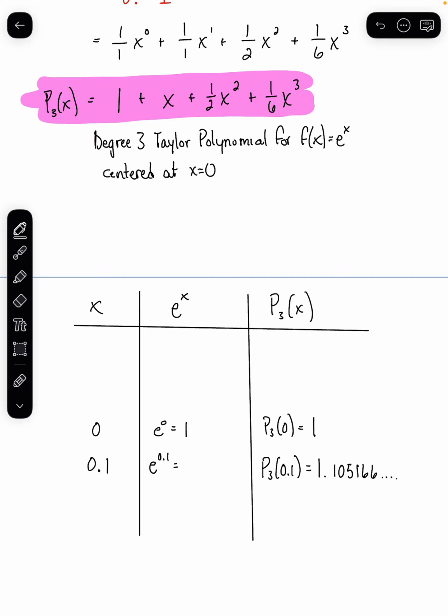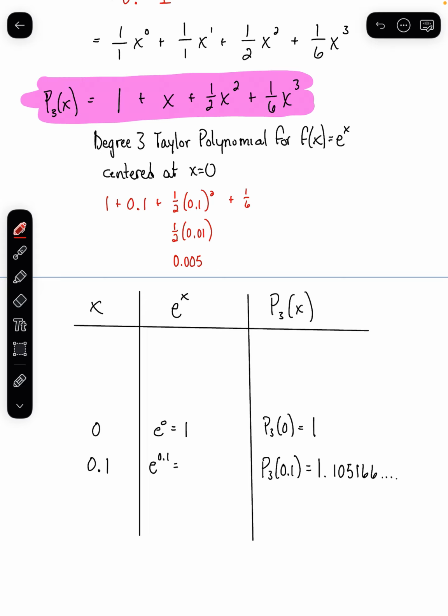Not that big of a deal. Somewhat easy to see where that comes from, by the way, because, and I will just quickly jot this part down, we would have 1 plus 0.1, and then we would have 1/2 times 0.1 squared, which is 1/2 times 0.01, and half of that would be 0.005. So what we can see here is, here's the 1 in the ones place, here's the 1 in the tenths place, and then a 0 and a 5 to get us to the hundredths and the thousandths place.